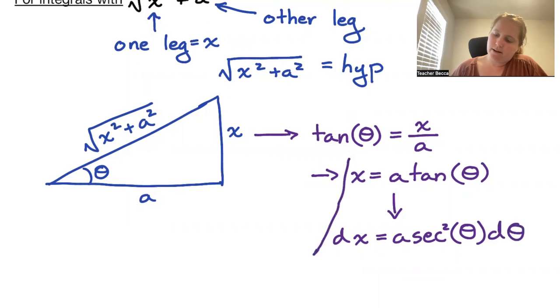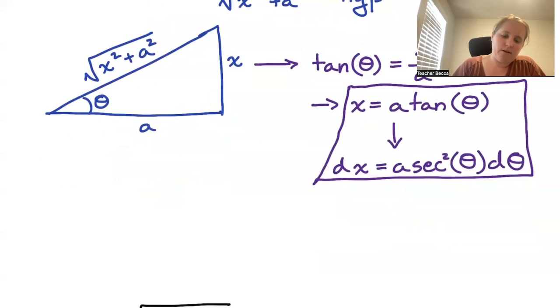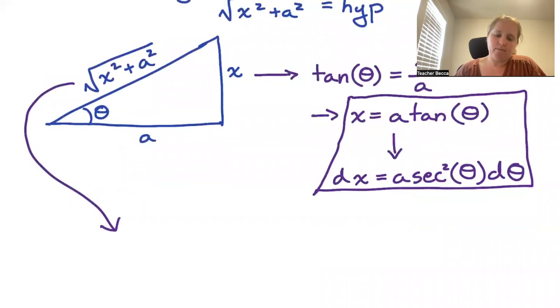So here we have an x and a dx solved for. Neither of those use the square root. We might as well go ahead and also figure out our relationship involving the square root. So involving that square root and the a, that's our hypotenuse and our adjacent.